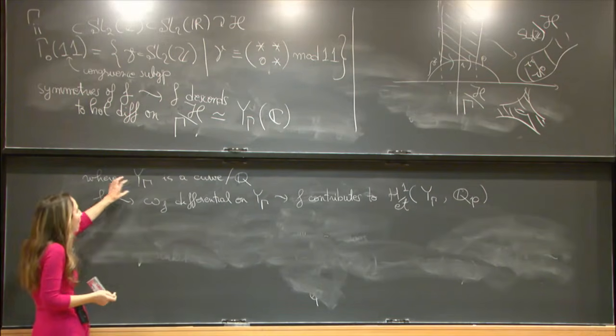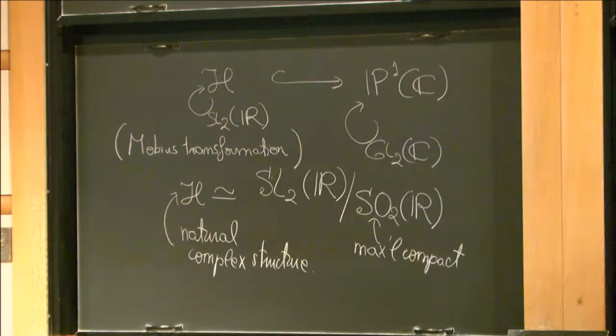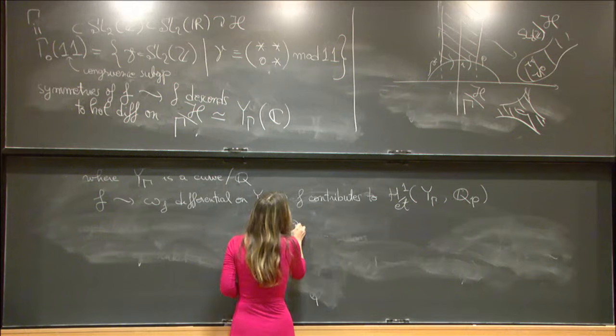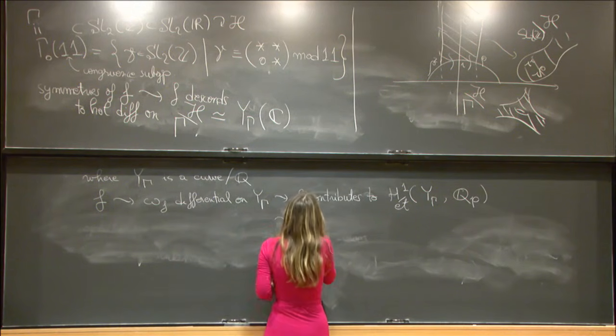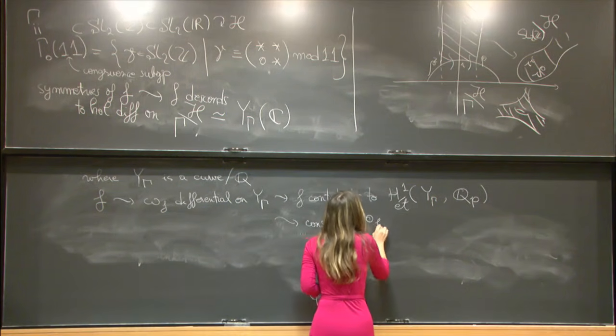So roughly, because these quotients, H mod Gamma, really have this structure, you have access to étale cohomology, and because of that, you can construct the Galois representation attached to a modular form f. So you can construct rho_f this way.